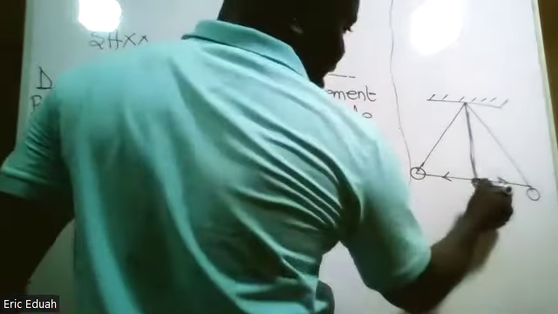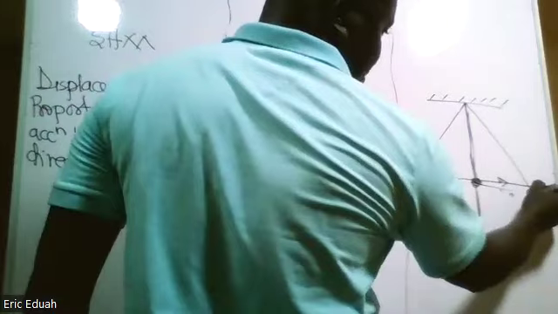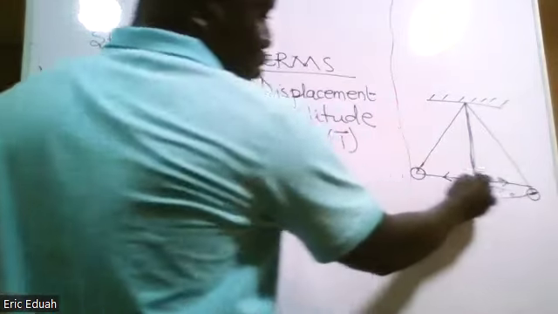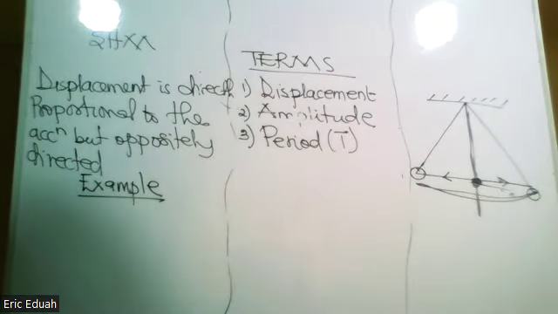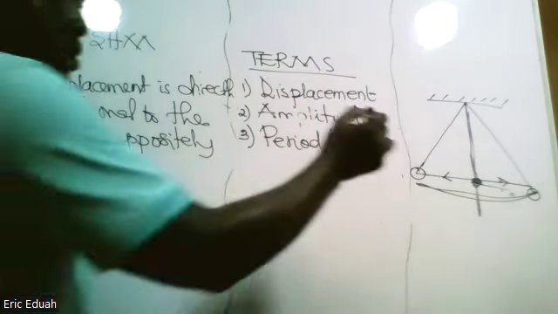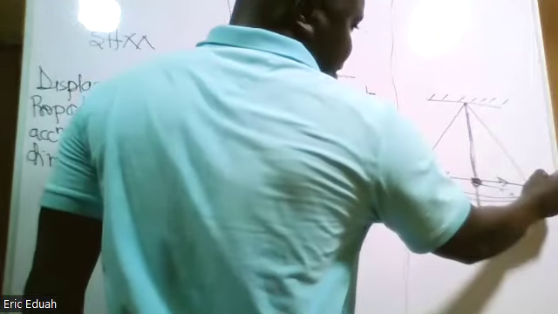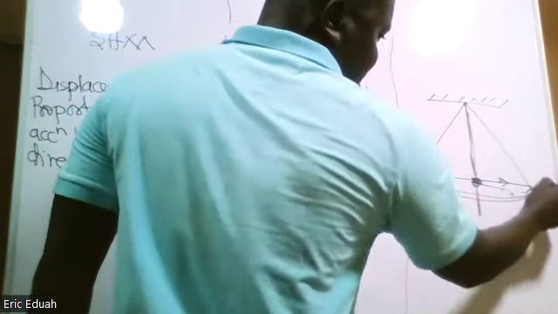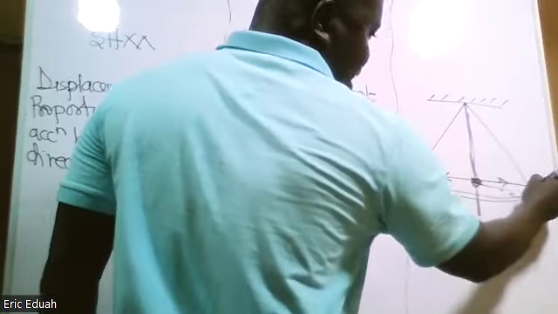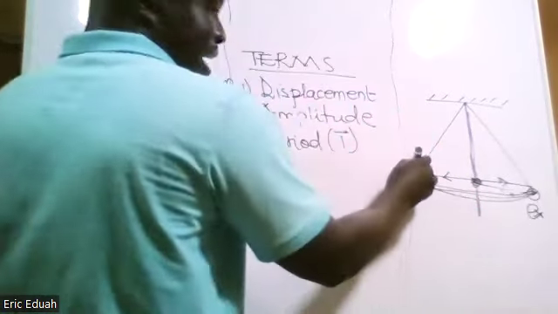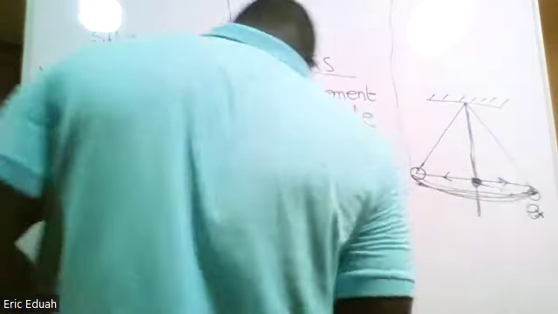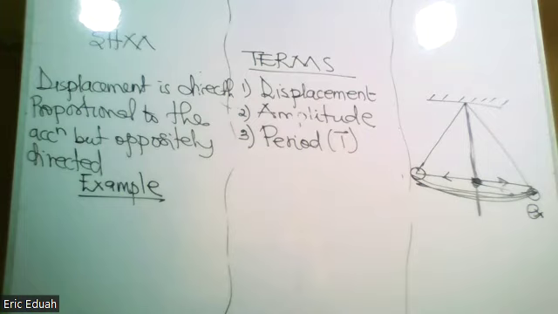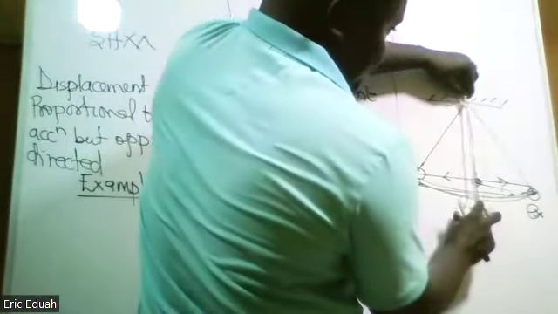Now, when I move it from here to come to this point, it has to go to the other extreme and come back to give me one complete oscillation. So I'll move it in this direction. This is one extreme. From one extreme to another extreme, and then come back to where it started. That is one complete oscillation or cycle. So look at it.